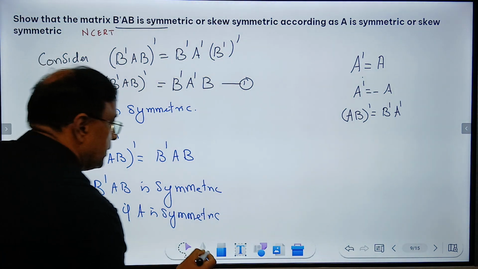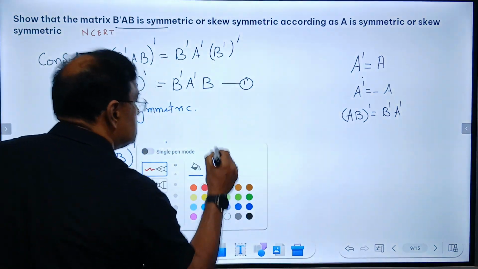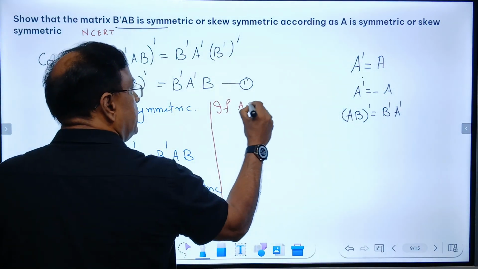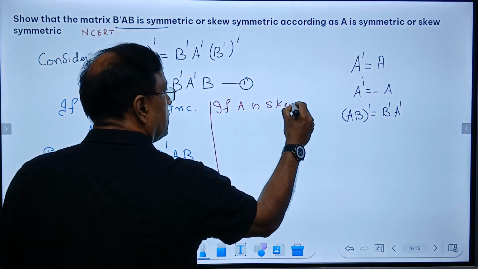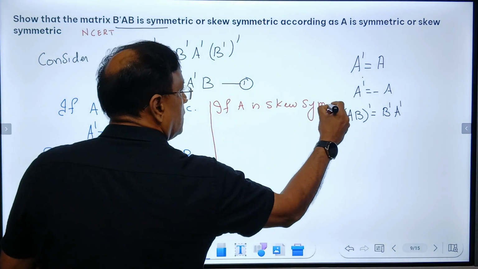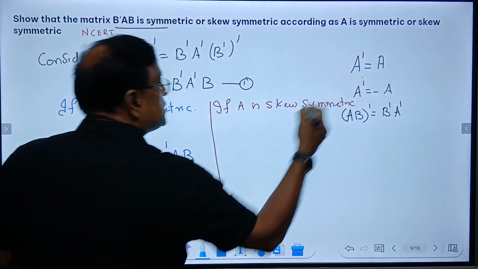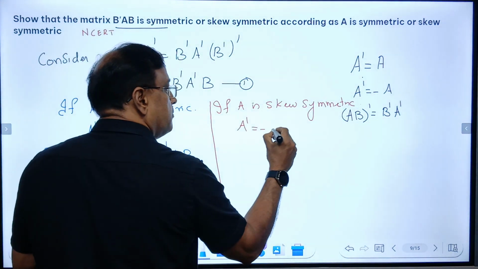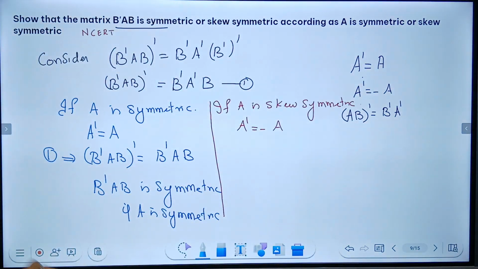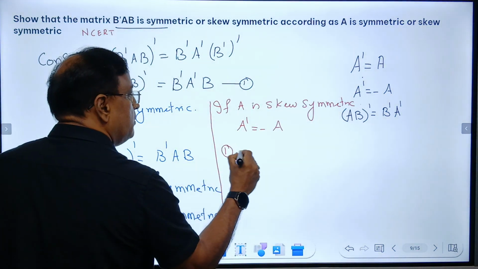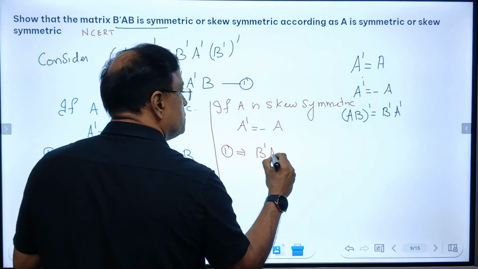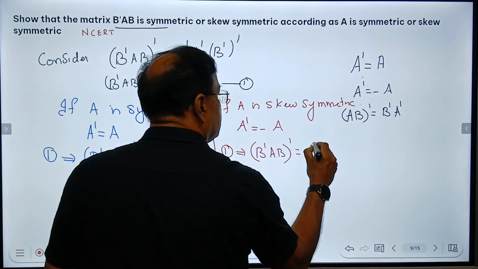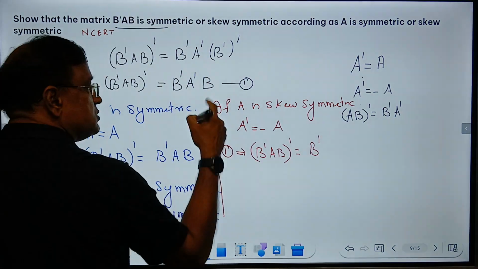Now let's go to the next part. Watch this. If A is skew symmetric, what do you know about A transpose? Minus A. Very good. Now what will happen to 1? 1 will become B transpose AB whole transpose will be, B transpose is B transpose. But what is A transpose?